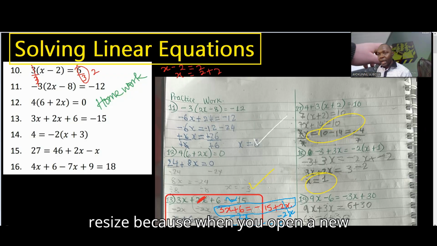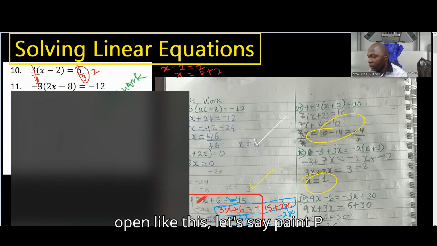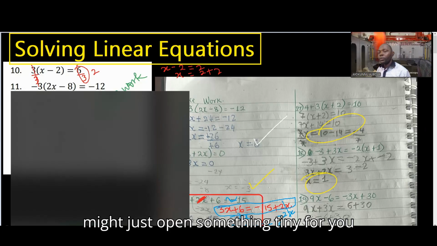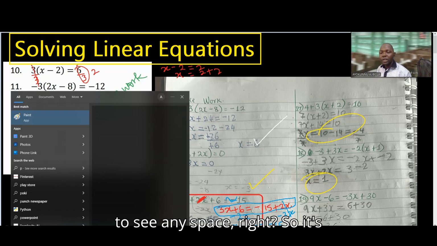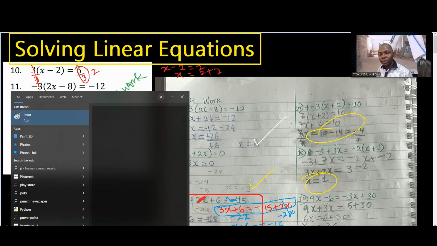dimension of the pixel. So to resize, because when you open a new Paint, let's say Paint, letter P, once I open a new Paint, it might just open something tiny for you that you will not even be able to see any space, right? So it's now your duty to resize the Paint canvas or interface.